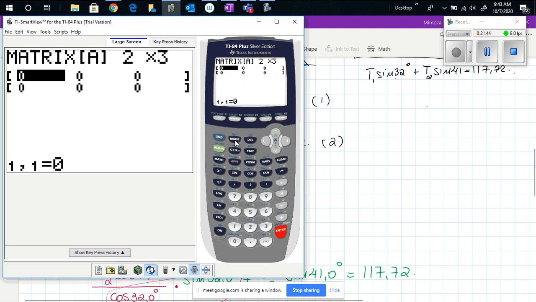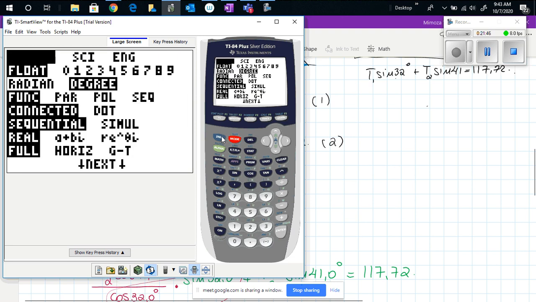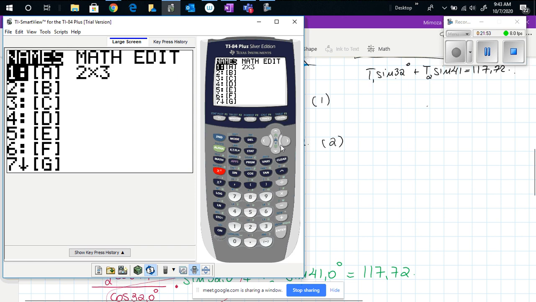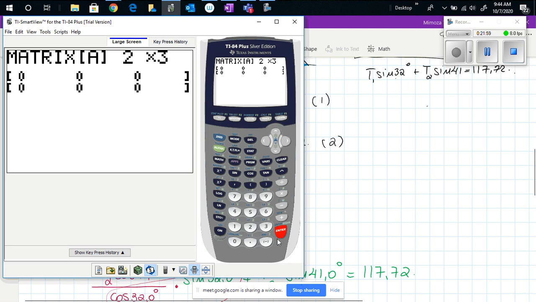Make sure that the mode of your calculator is on degrees, and then enter the coefficients as you see in your equations. So cosine 32 is the first coefficient, and then the calculator calculates it itself.